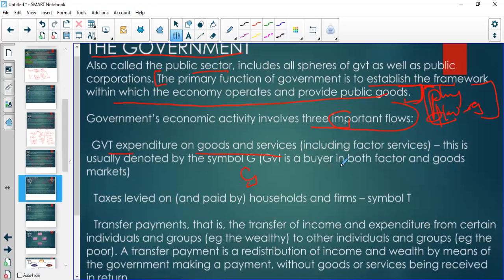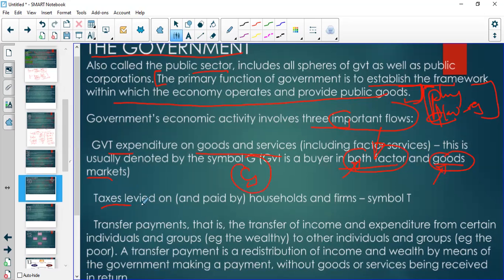So they're going to be a buyer in both the factor and the goods market. They hire people, so they buy the factors. They also buy the goods, normally capital goods, but sometimes consumer goods. So that spending by government is represented by the letter G.